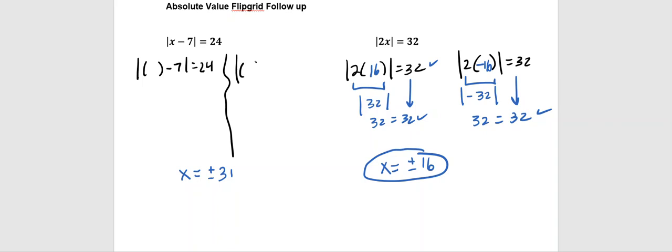So let's start with our positive 31 value. Substitute it in. 31 minus 7 should give us 24, for which we're going to find the absolute value of that. And 24 does indeed equal 24.